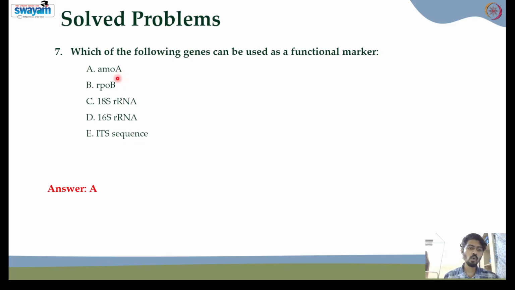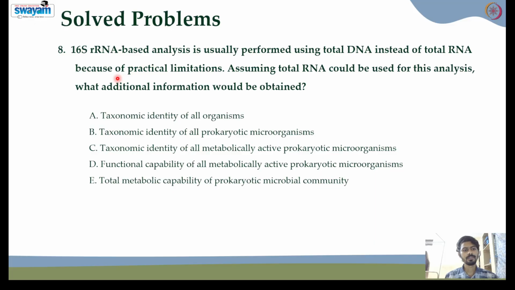So now we will move on to the next question. 16S rRNA based analysis is usually performed using the total DNA instead of total RNA because of practical limitation. Assuming total RNA could be used for this analysis, what additional information could be obtained? Usually for 16S rRNA, we mostly focus on DNA, not RNA.